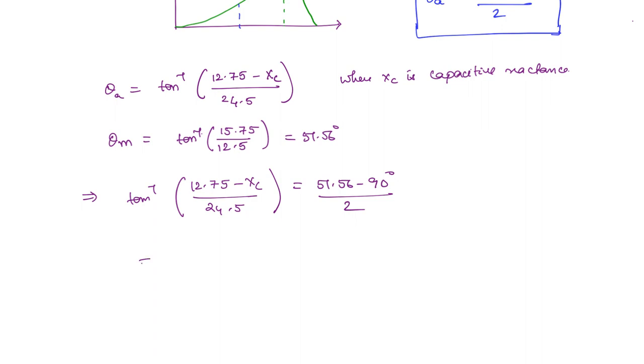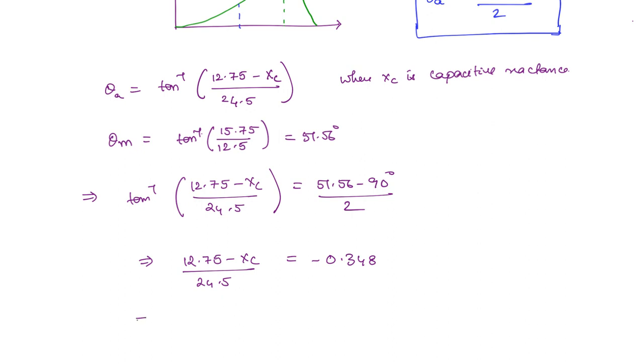So you are going to get (12.75 minus Xc) by 24.5 is equal to a negative value, minus 0.348. You are getting a negative value because the capacitive reactance should be higher than the inductive reactance.